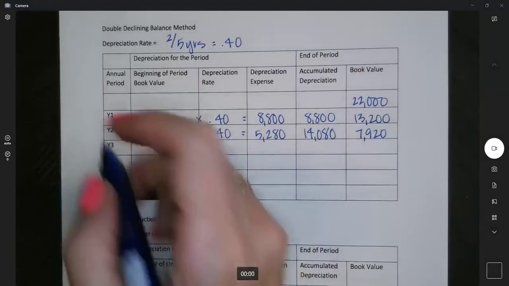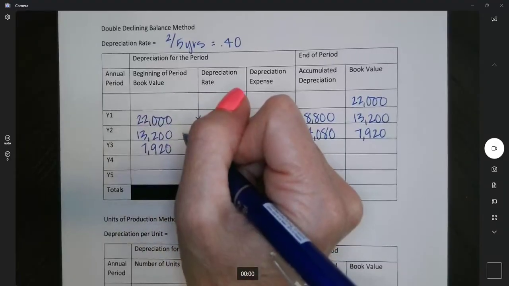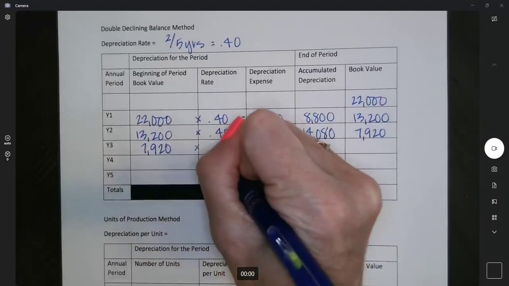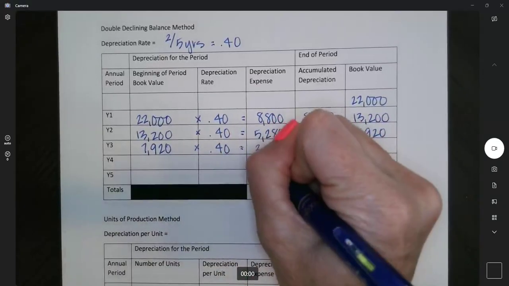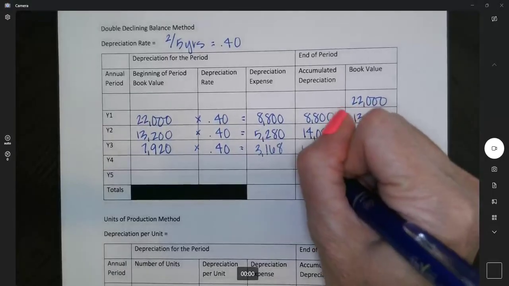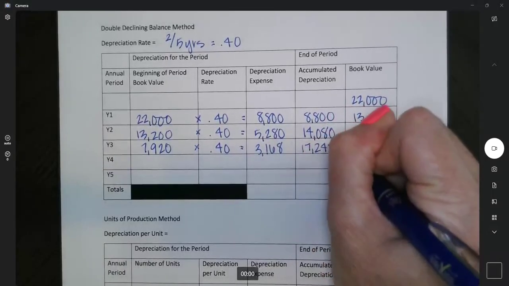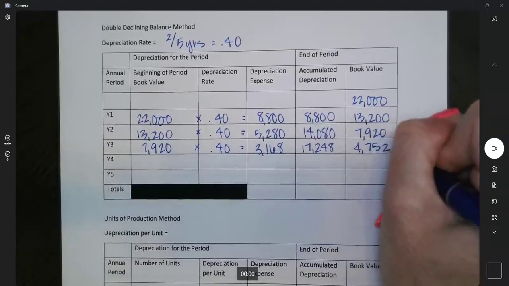We carry that over. Year 3, book value 7,920 to start. We multiply that times 40%. We're going to get 3,168. Accumulated depreciation is now 17,248. And the book value is now 4,752.